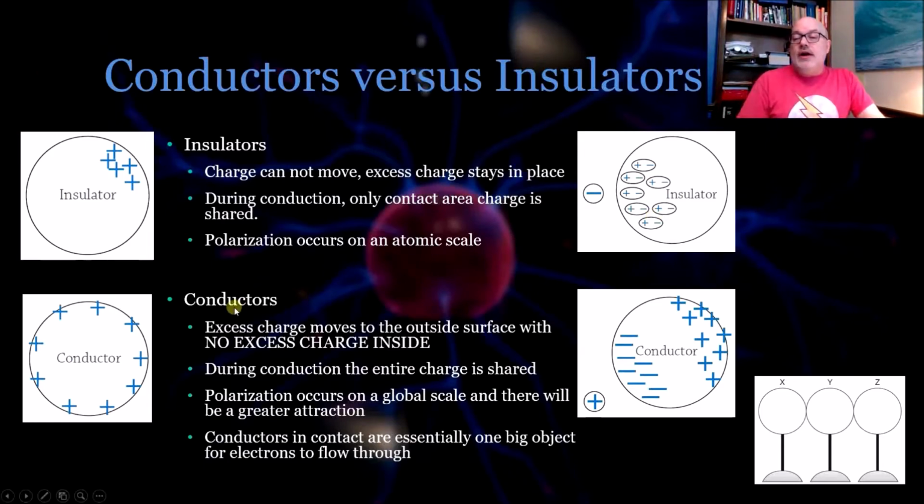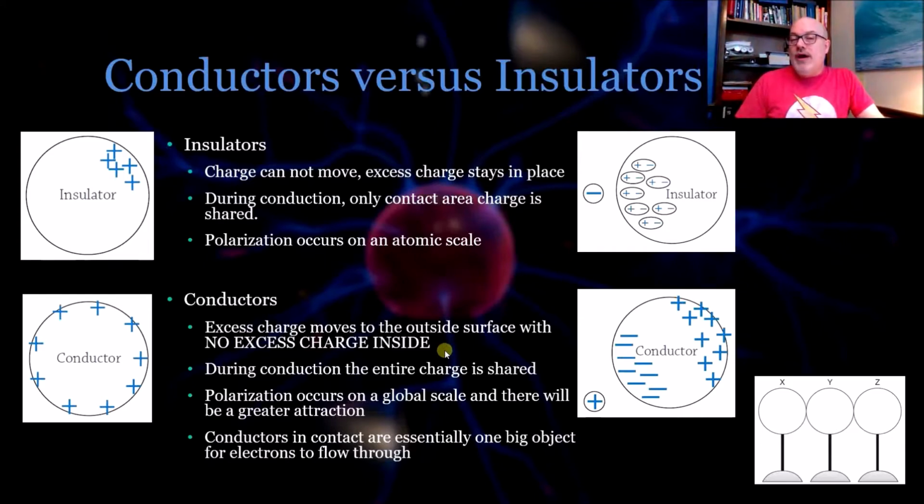Now, conductors, on the other hand, the excess charge can go anywhere on the conductor, but since the excess charge will repel all the other excess charges, say like protons or positives on this conductor picture over here, they'll all move to the outside surface. There will be no excess charge inside ever once it's in static equilibrium, because they will move all the way to the outside.